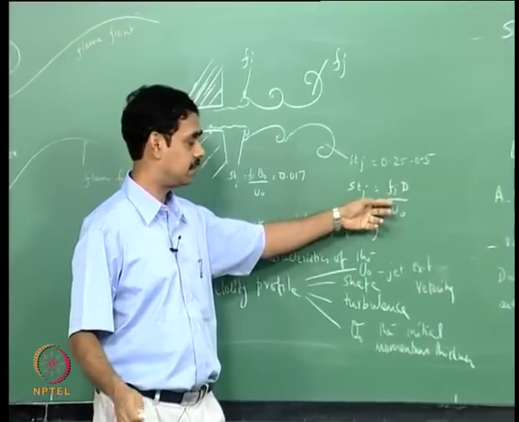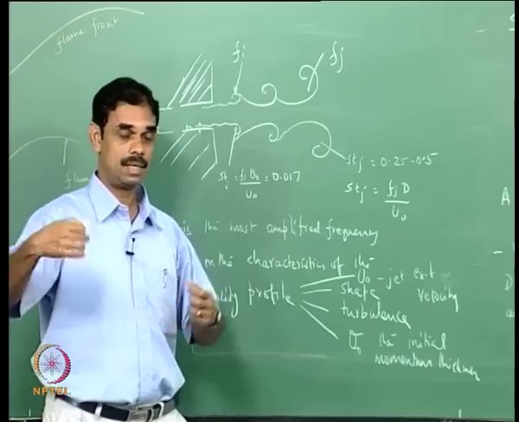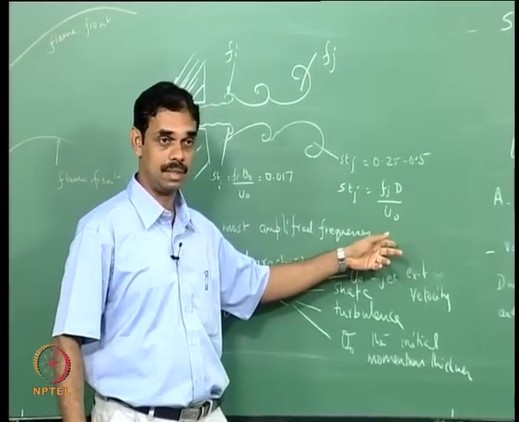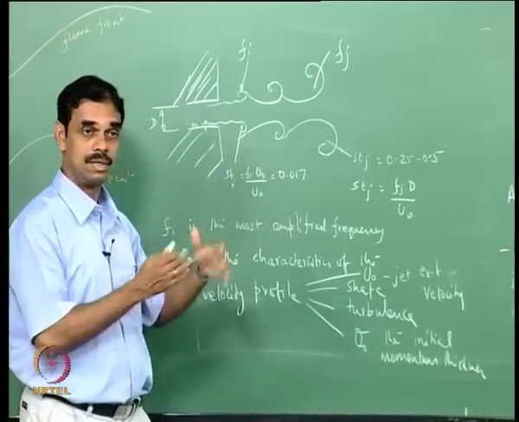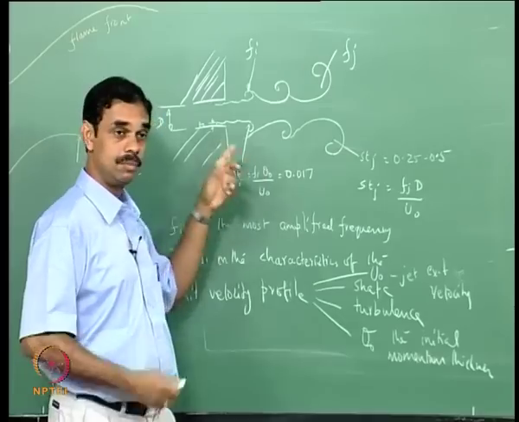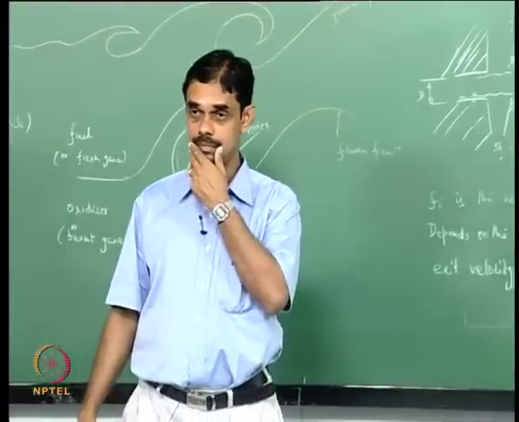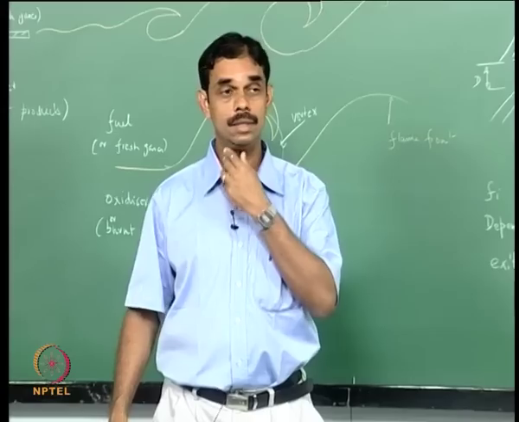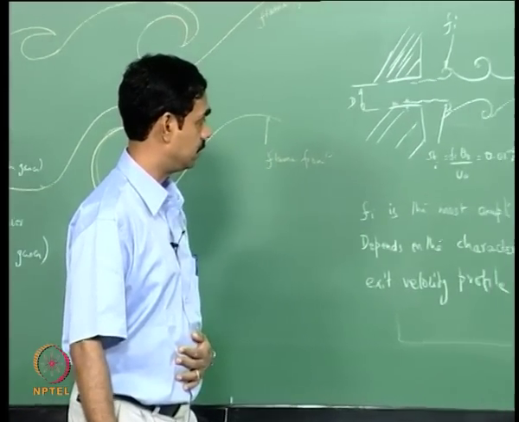If you do experiments with several different diameter jets, then you collapse all your frequencies. All your data will merge if you non-dimensionalize this way and not any other way. Here this frequency will collapse in different experiments if you non-dimensionalize with momentum thickness. It's somewhat similar to boundary layer Reynolds number and free stream Reynolds number. We use two different lengths. Yeah, something like that. Correct. So here we use different time scales.